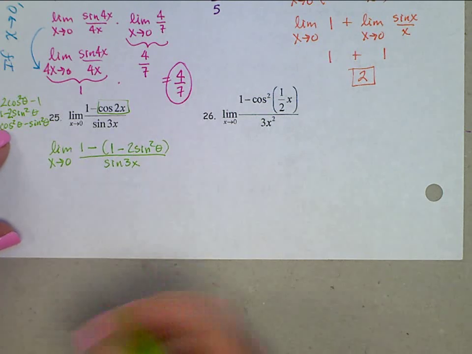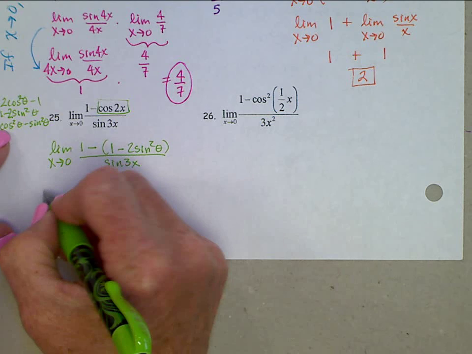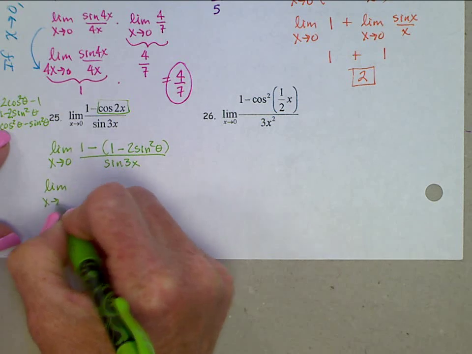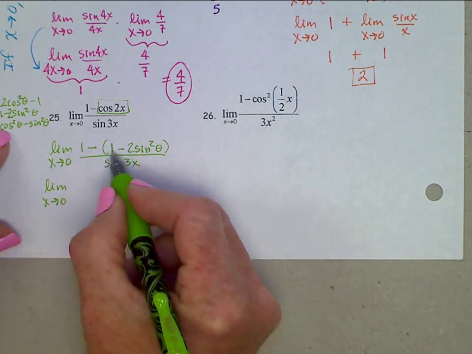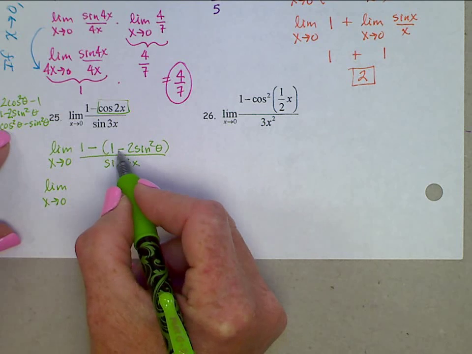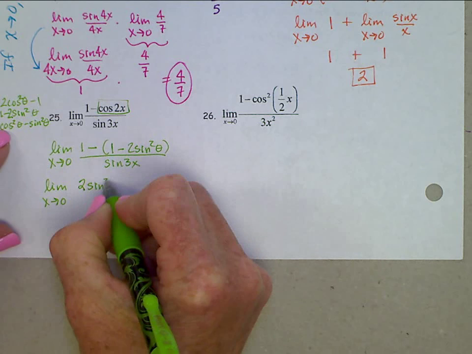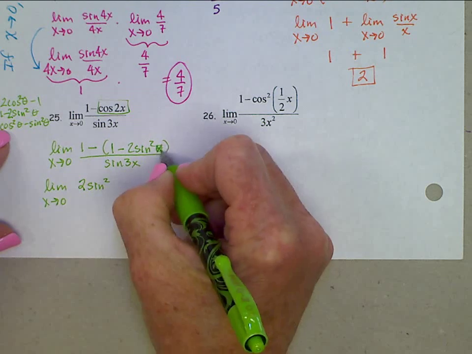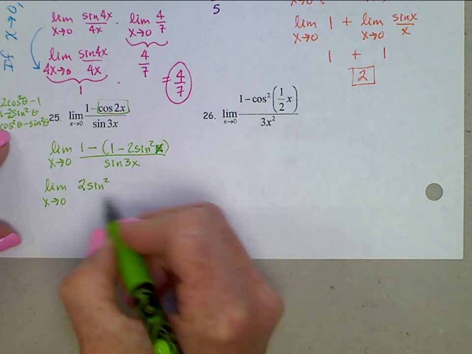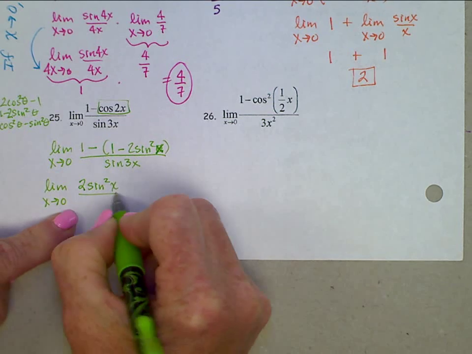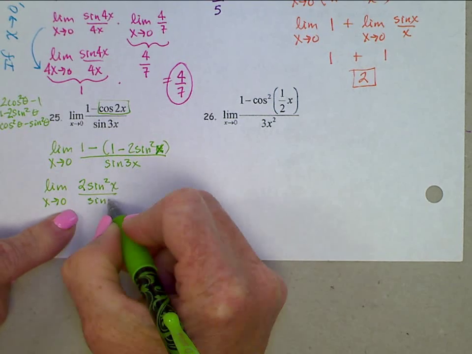Okay, distributing that minus sign through, we will have the limit as x approaches 0 of 1 minus 1 gone, minus a minus 2, that's 2 sine squared x over sine 3x. Oops, I goofed here, there should be an x, sorry.